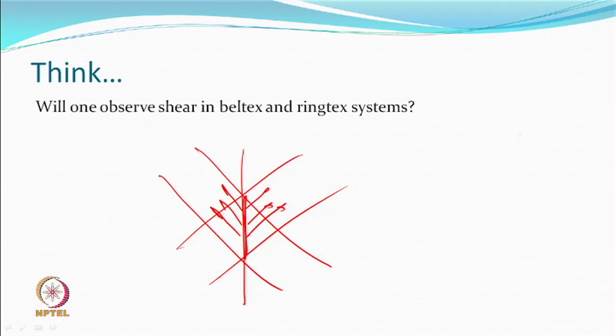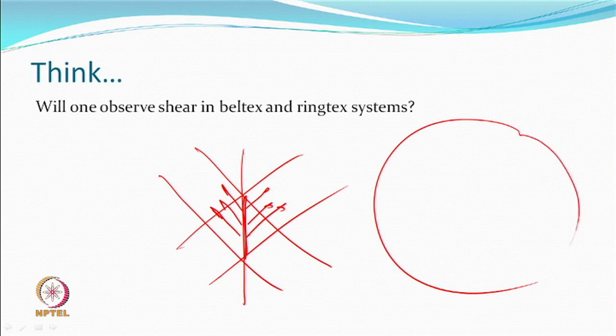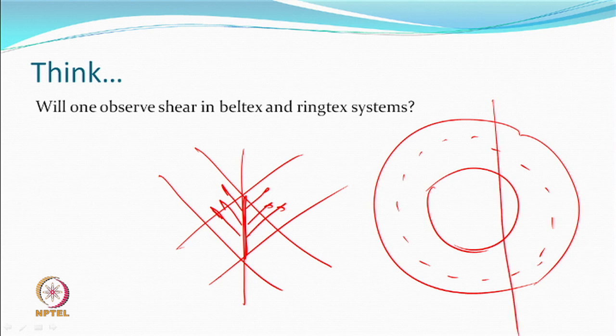On the ring system, because of the concentric circles coming into picture, you can expect the direction of the tangent at different points on this line, which is the yarn, will not be same.